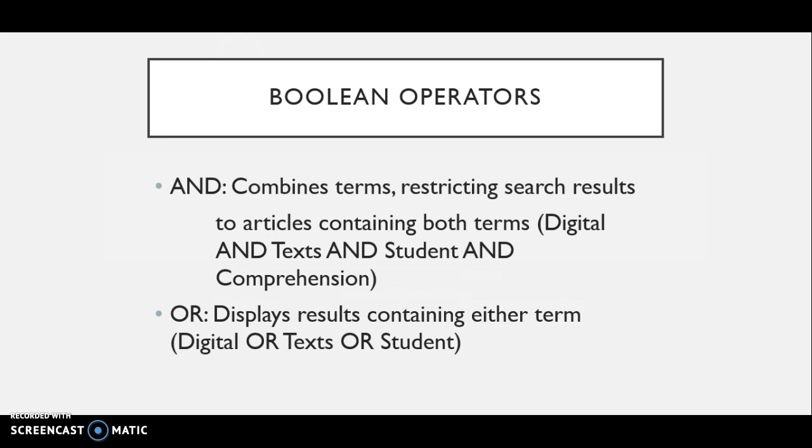The Boolean operator or will display results containing either term, so it may have digital, but it might not mention text or student, or it may have text, but it may not mention digital or student, and so on.